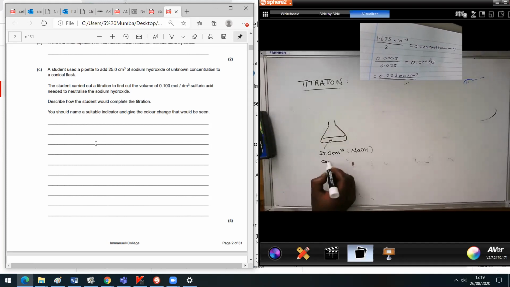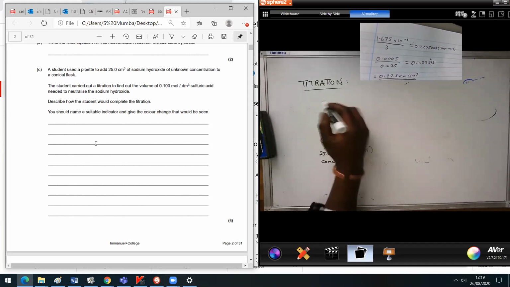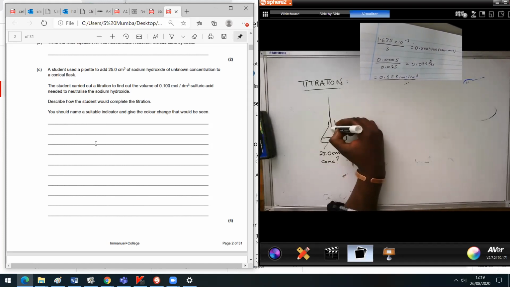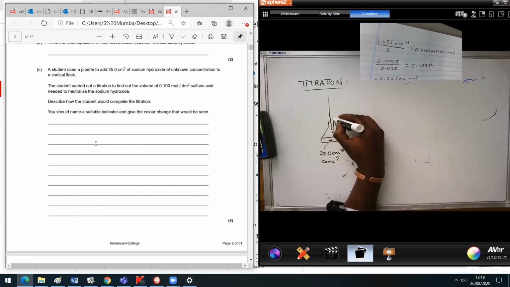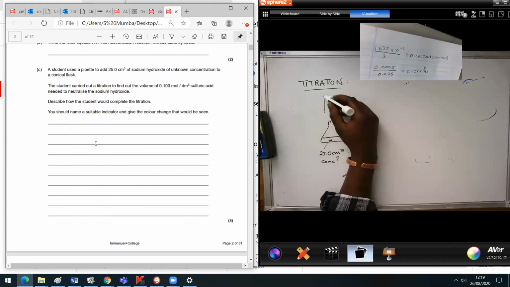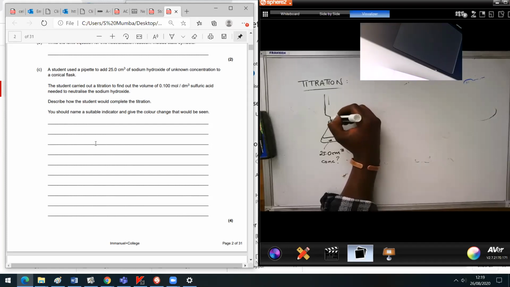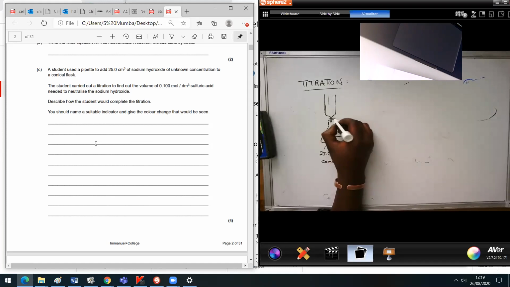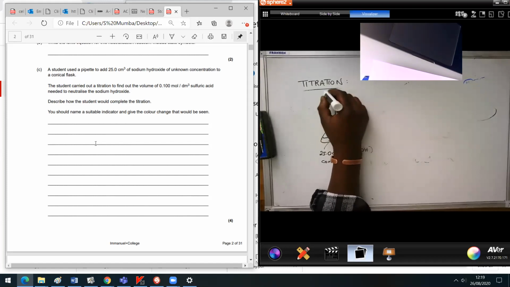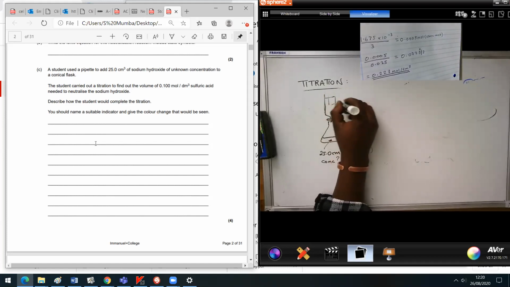We don't know the concentration. And in a titration, they're going to have a burette. Actually, that's not a good representation. So that's my burette, and it's got a little tap here, so I can control how much acid I'm adding. In here would be my acid.